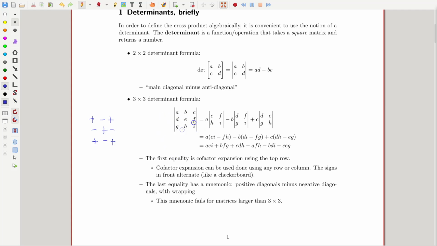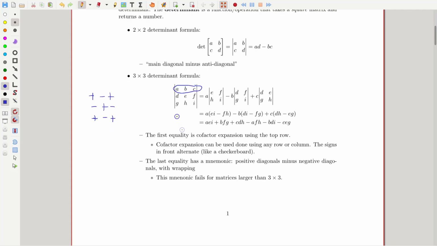In this equality, I'm cofactor expanding along the top row. For each entry here, there's an associated subdeterminant that you get by eliminating the row and column of the entry that you're creating the cofactor out of. Each of these terms is a cofactor.